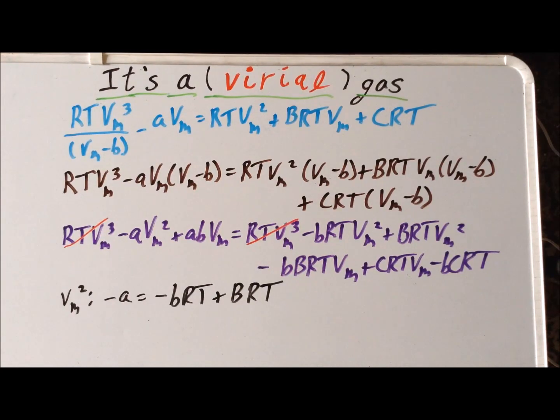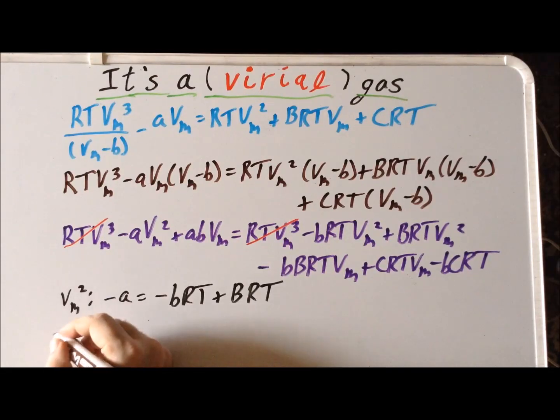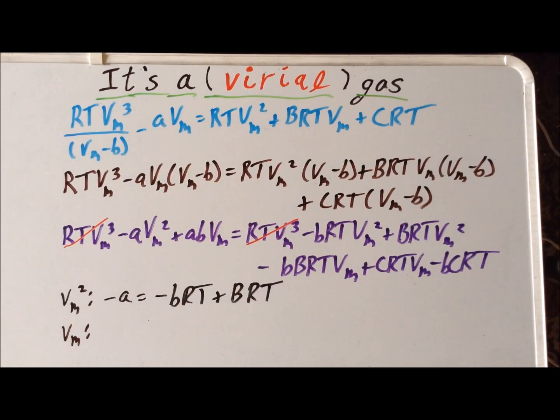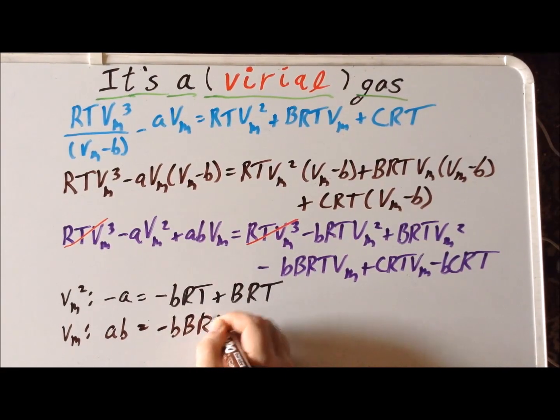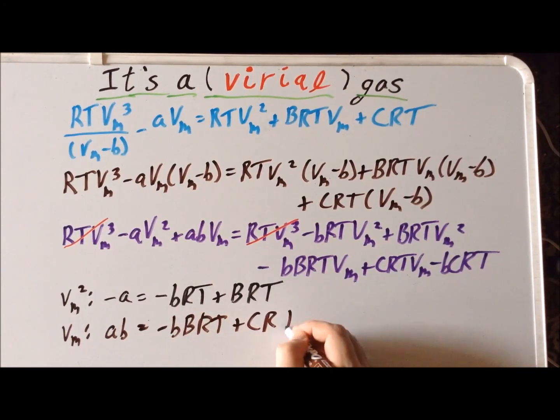For the molar volume to the first power, the linear terms, we see that on the left-hand side, the coefficient of the molar volume is ab. And on the right-hand side, we have minus little b, big B, RT, plus big C, RT.